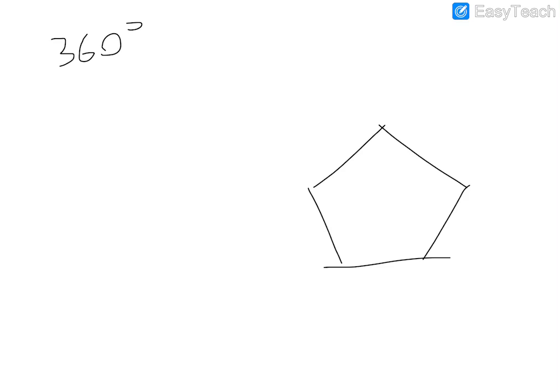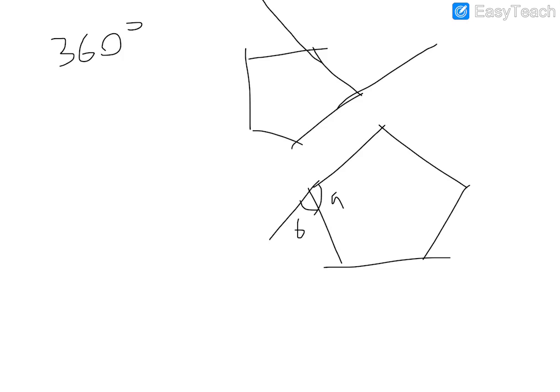Let's say that the interior angle is A and the exterior angle is B. Oh, and in case you don't know, exterior angles, basically if you keep on extending these all, the exterior angles would just be this angle, this angle, this angle, this angle, this angle. So all of those angles.